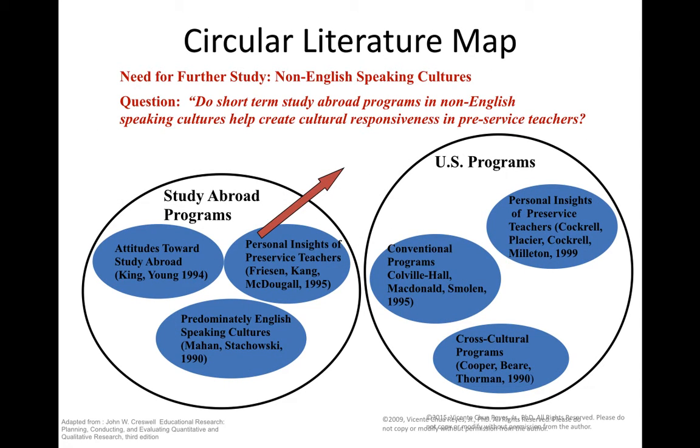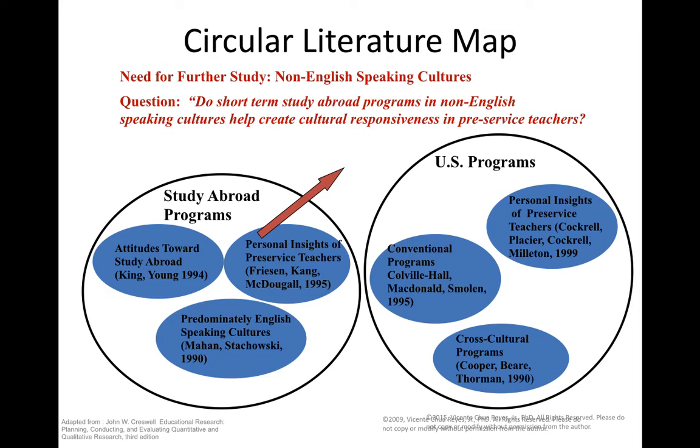Aside from a hierarchical map, you can also do a circular literature map, and this is an example of it. So here, the highlighted text in red is located right at the top. I say that this is the area that needs further study, non-English speaking cultures. The short-term study abroad programs in non-English speaking cultures help create cultural responsiveness in pre-service teachers. Remember, I was looking at multiculturalism, I was looking at pre-service teachers in highly globalized settings.